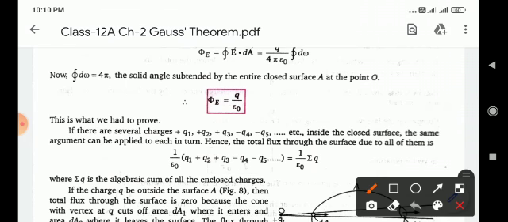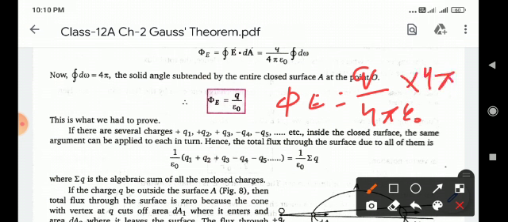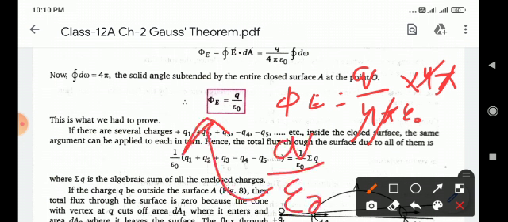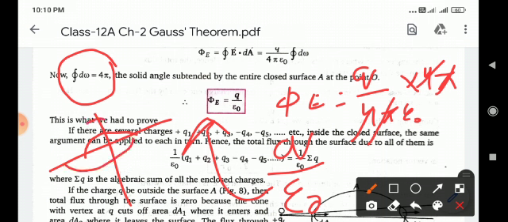Children, because phi equals Q upon 4 pi epsilon naught into 4 pi, that is Q upon epsilon naught. It is the whole surface, that is 4 pi. Listen children, it is pi, 2 pi, 3 pi, 4 pi.